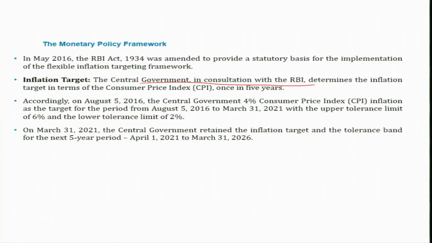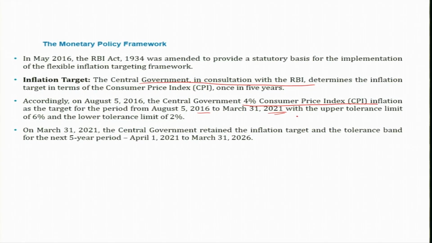So, accordingly, in August 2016, the central government fixed 4% consumer price index inflation as the target for the period from August 2016 to 2021, with an upper tolerance limit of 6% and lower tolerance limit of 2%.